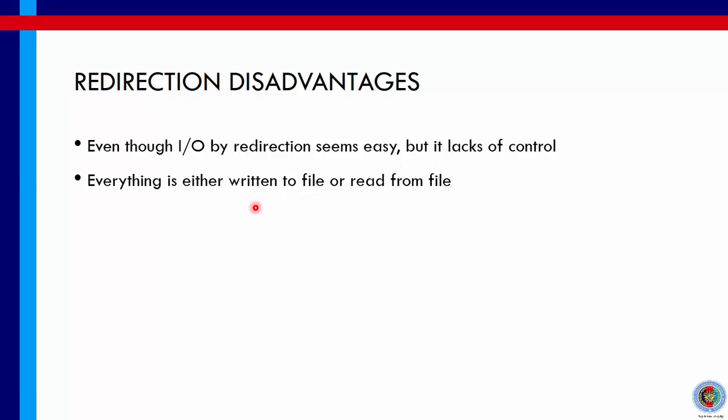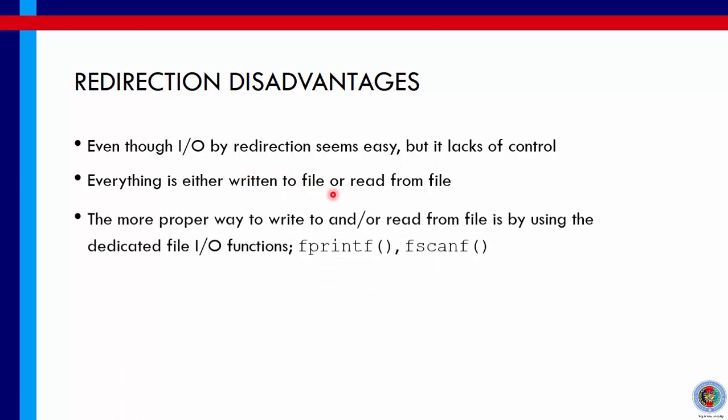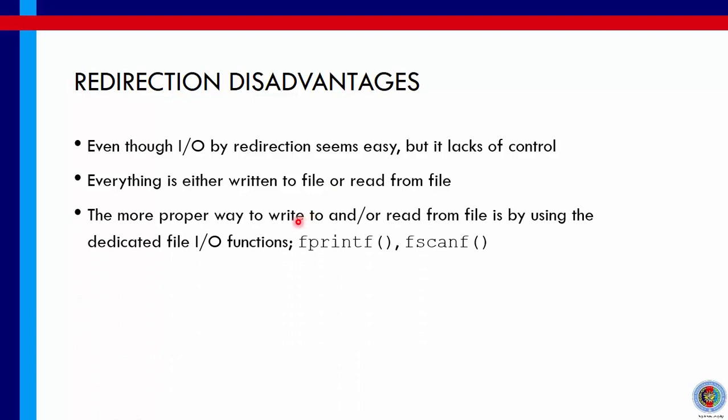Everything is either written to file or read from file. The more proper way to write to and or read from file is by using the dedicated file IO functions that we mentioned in the first few slides just now, fprintf and fscanf.